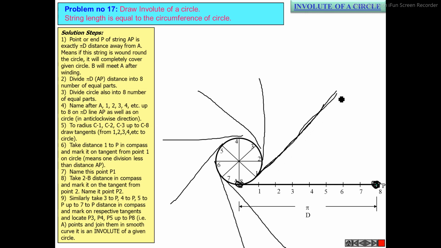I will take my compass and measure the length 1P, from this 1 to this P. I will place my compass at point 1, and on this tangent line I will cut an arc. So this point will be the second locus point of your involute, P1. Clear?